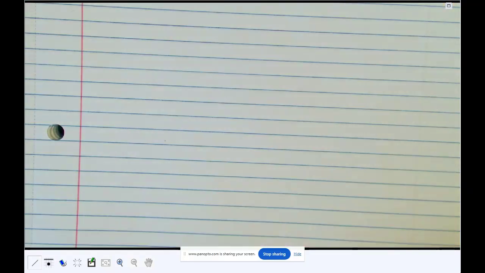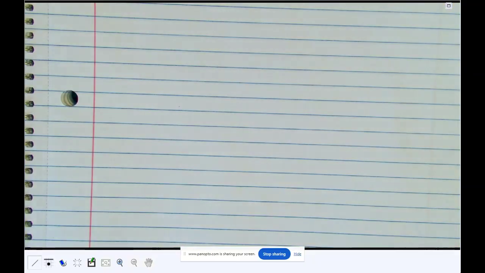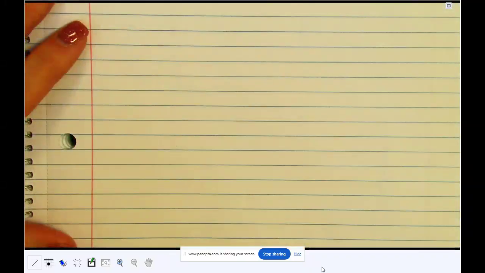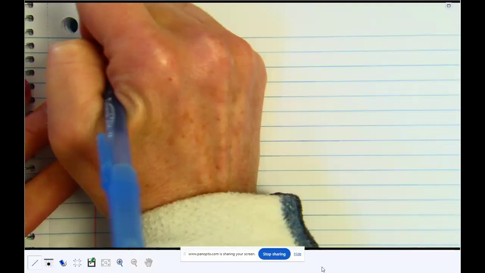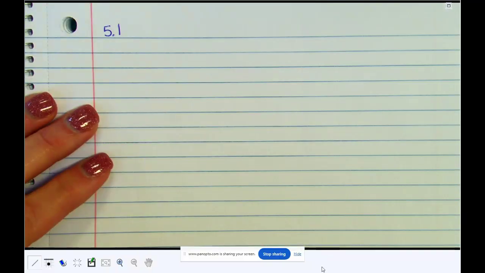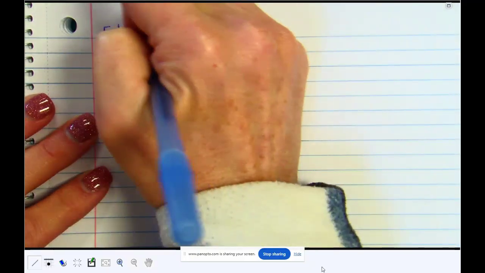If you were to go into your book and say, hey, this is definitely not what we covered in lesson 5.1. I'm cutting a whole bunch out because I think some of the stuff they have is dumb, because you cover it again in the next lesson. So the main thing we're going to talk about is factoring.